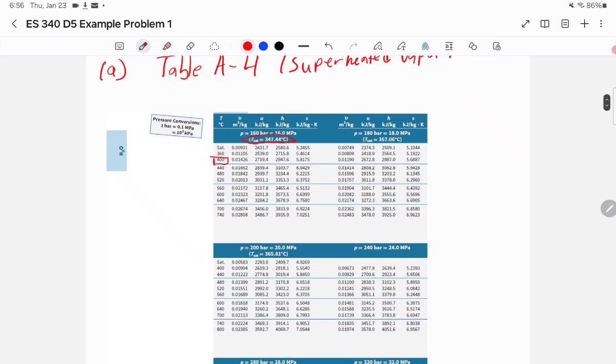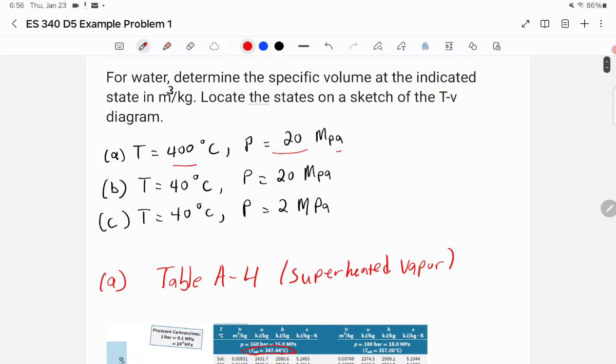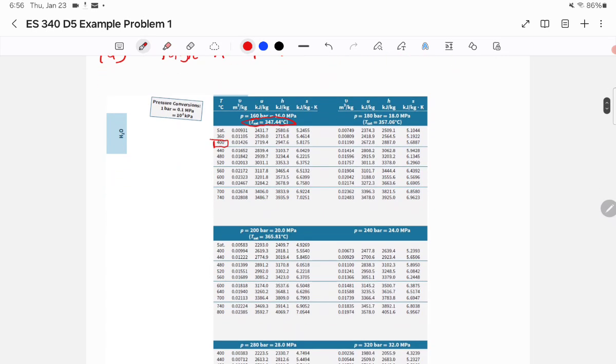Now let's go down to the actual one that we want. We want 20 megapascals, which is the same as 200 bar, right? So here's the actual part of the table that we want. And the saturation temperature here, notice, this is table A4, at this pressure, the saturation temperature is 365.81 degrees.